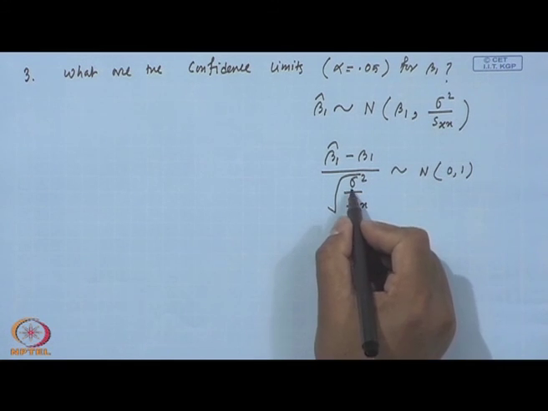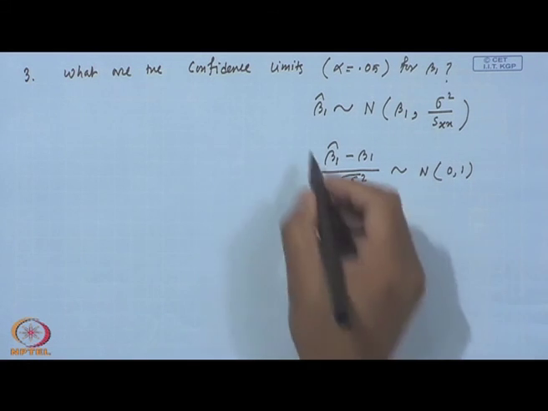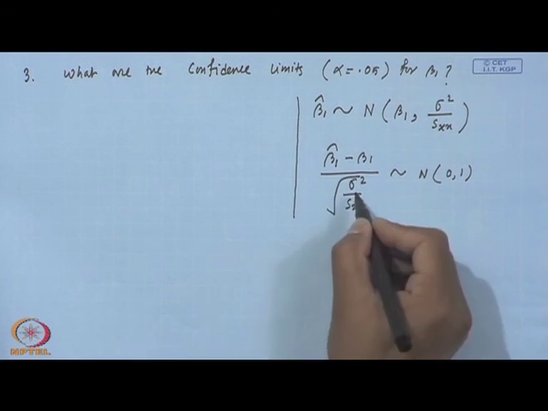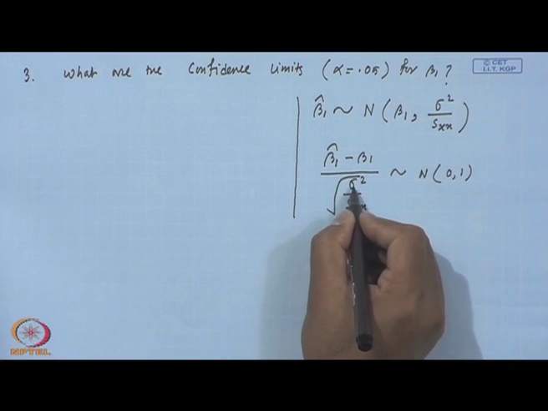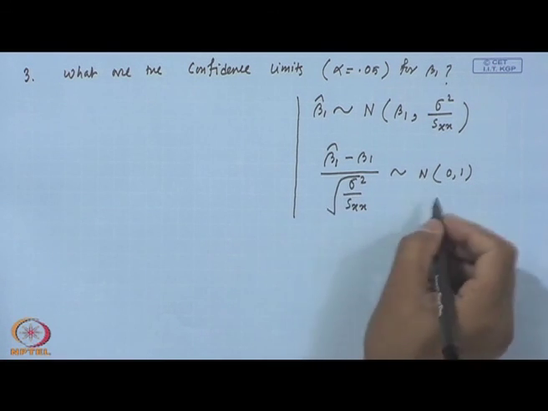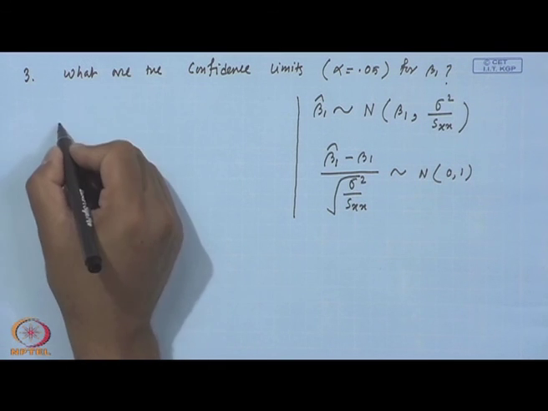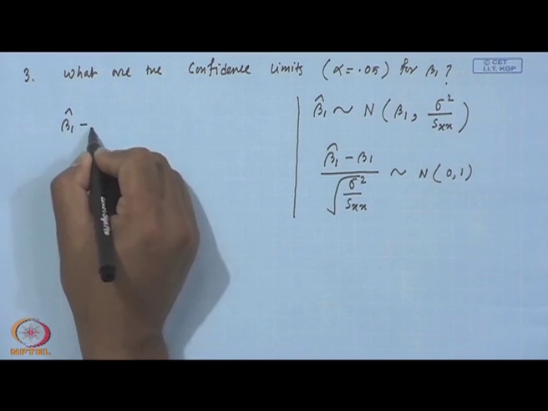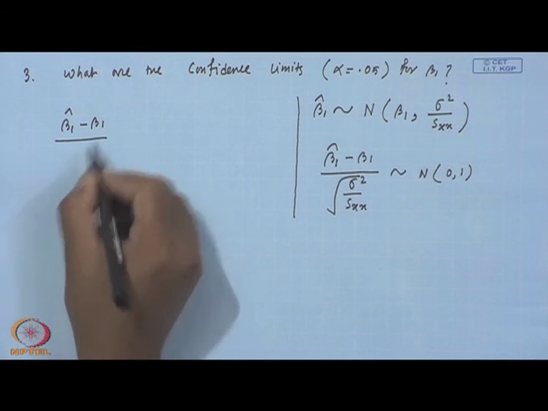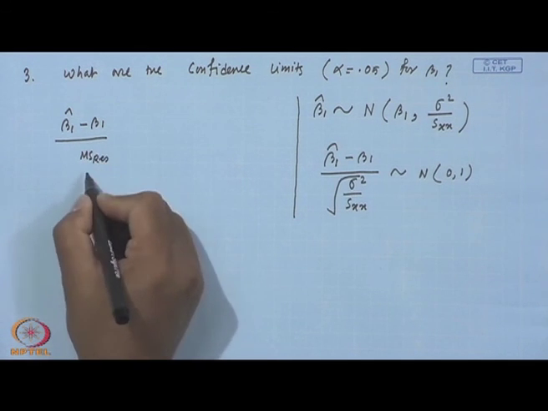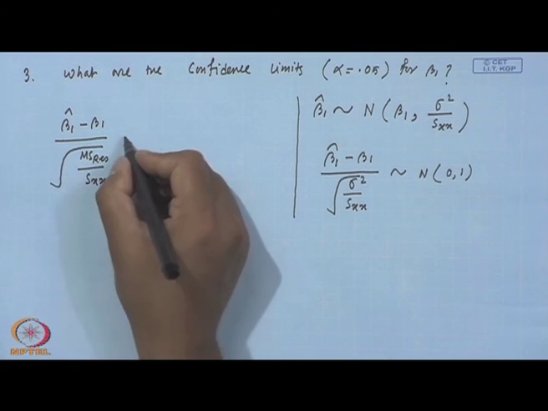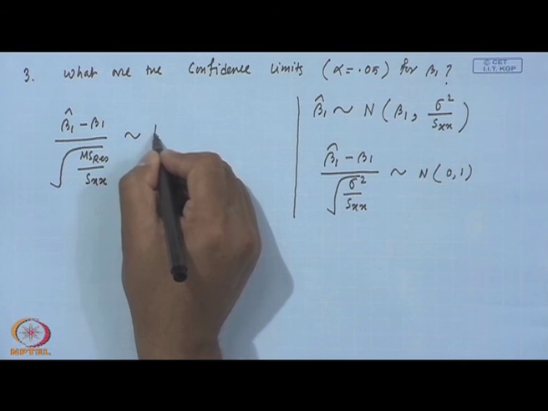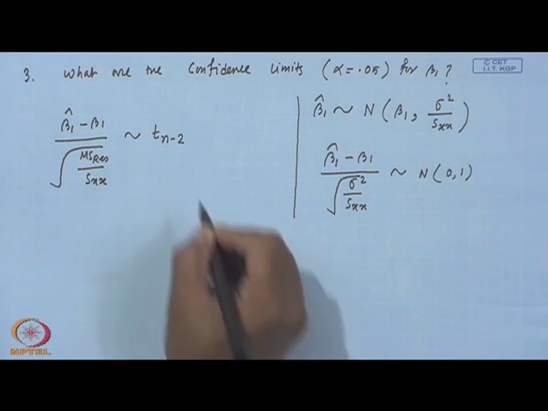Okay. But what happens is that this sigma square, the population variance, is usually unknown. So, we need to estimate this one. We estimate this one by MS residual, and once you replace this sigma square by MS residual, this follows t distribution. So, beta 1 hat minus beta 1 by the square root of MS residual by S_xx follows t distribution with degree of freedom n minus 2.